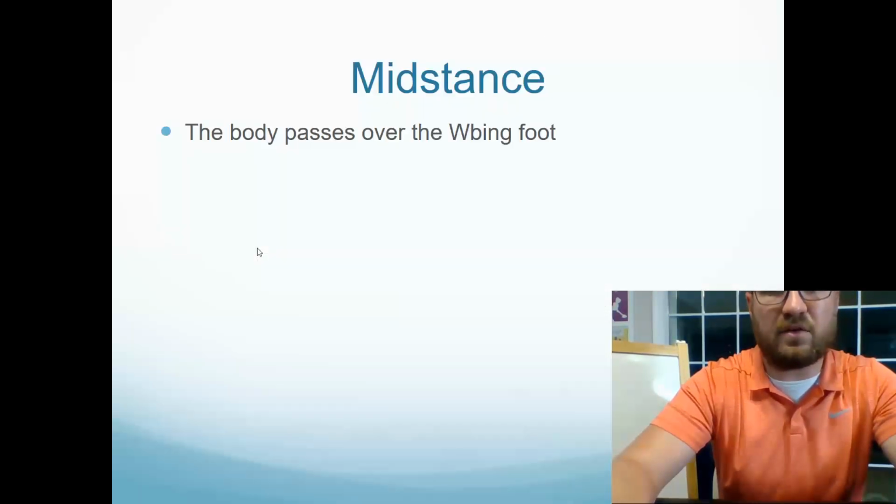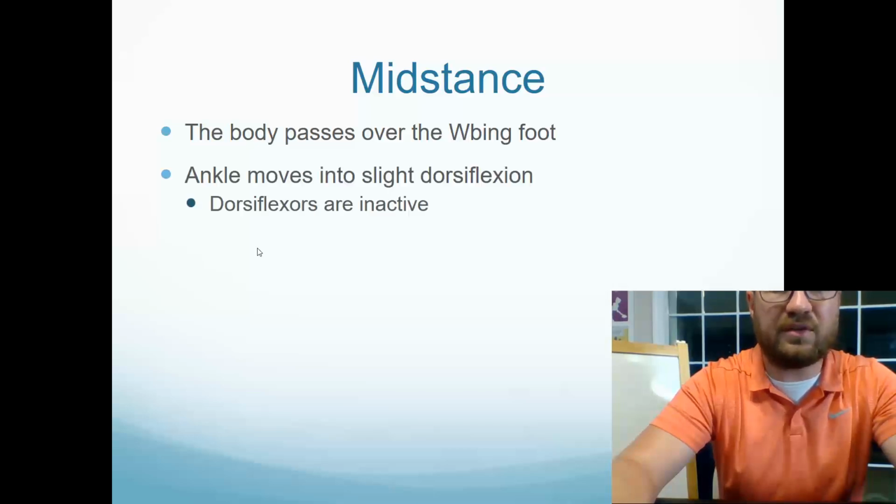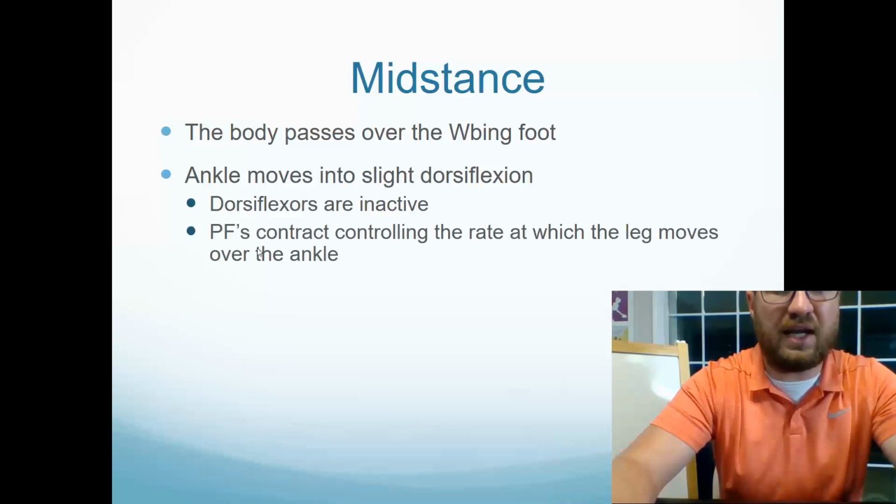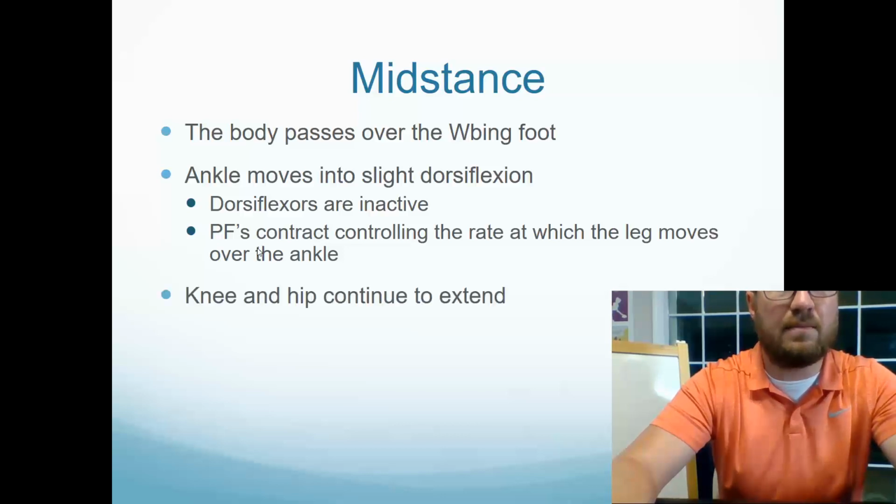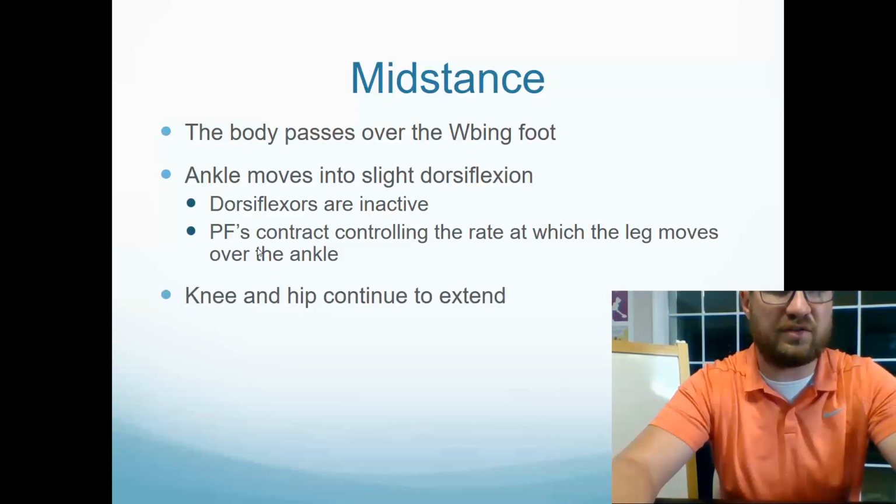Mid stance, the body passes over the weight-bearing foot, and our ankle moves into slight dorsiflexion. Our dorsiflexors are inactive, and our plantar flexors contract, controlling the rate at which the leg moves over the ankle. So we are going into dorsiflexion, but our plantar flexors are active, which means it's an eccentric contraction to slow us down.